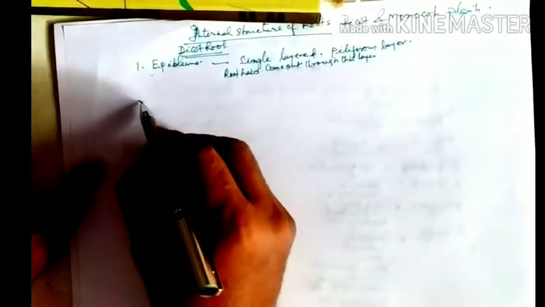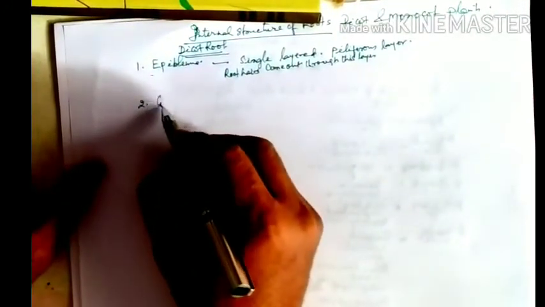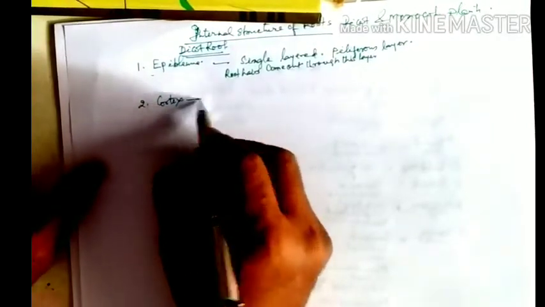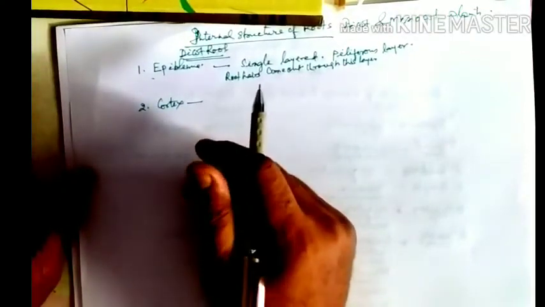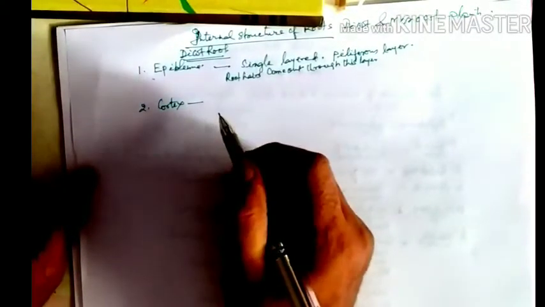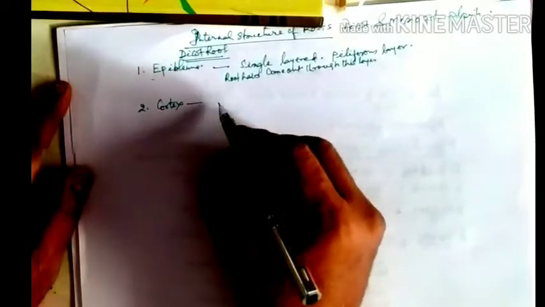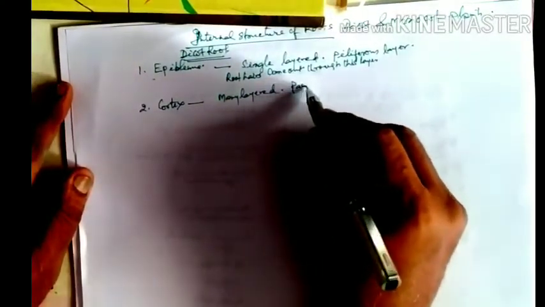And the second is the cortex. Just below the epiblema, there is the mass of cells known as cortex, and it is many layered and of parenchymatous nature.